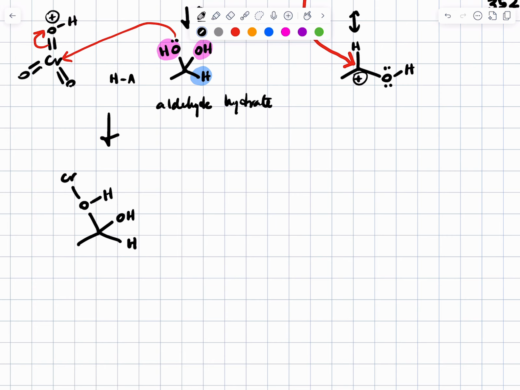That gets you to this intermediate with the positively charged oxygen. Okay. Probably the conjugate acid of our base or water removes the proton. That gets us to the stage of having the chromate ester.